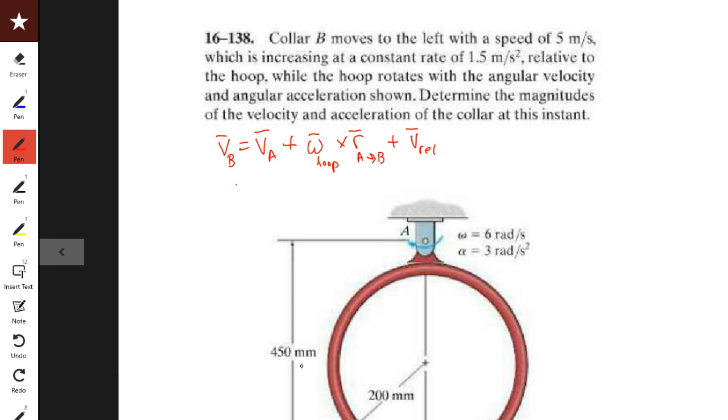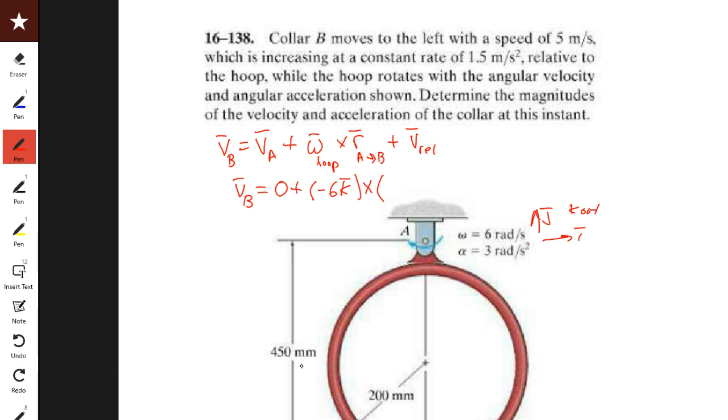So the velocity of B equals velocity of A. Well, A is in permanent contact with the ground, so that velocity is 0. Omega of the hoop is given to be, looks like a -6 because it's clockwise, so it'll be a -6k cross R from A to B. Looks like it goes down, so I'm going to do my typical I is to the right, J is up, and K is out, right-handed, just like normal.